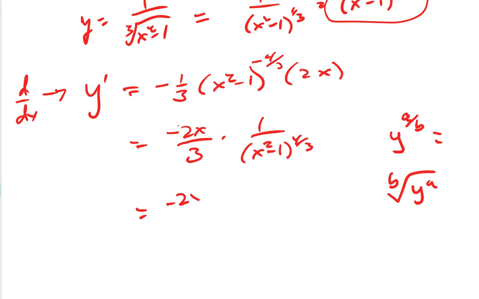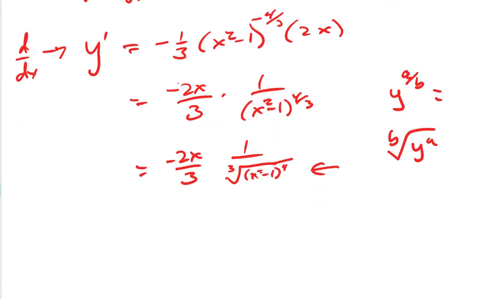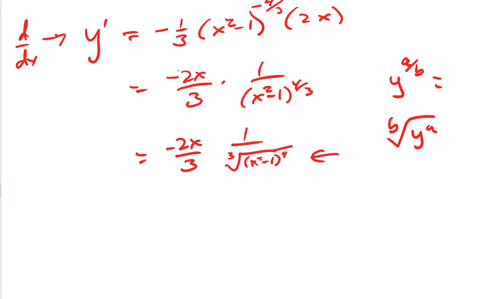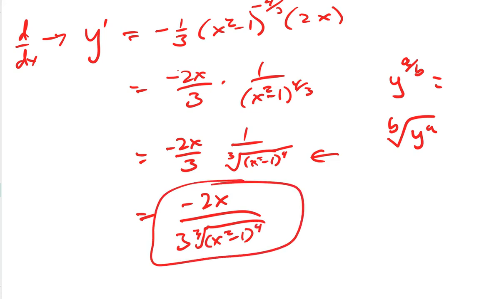So this will be negative 2x over 3, now 1 over the cube root of x squared minus 1 to the 4th power. Technically you can pull out an x squared minus 1 out of that, but I'm not going to worry about it right now. So let's just write it as negative 2x over 3 cube root of x squared minus 1 to the 4th power. And there you have it.